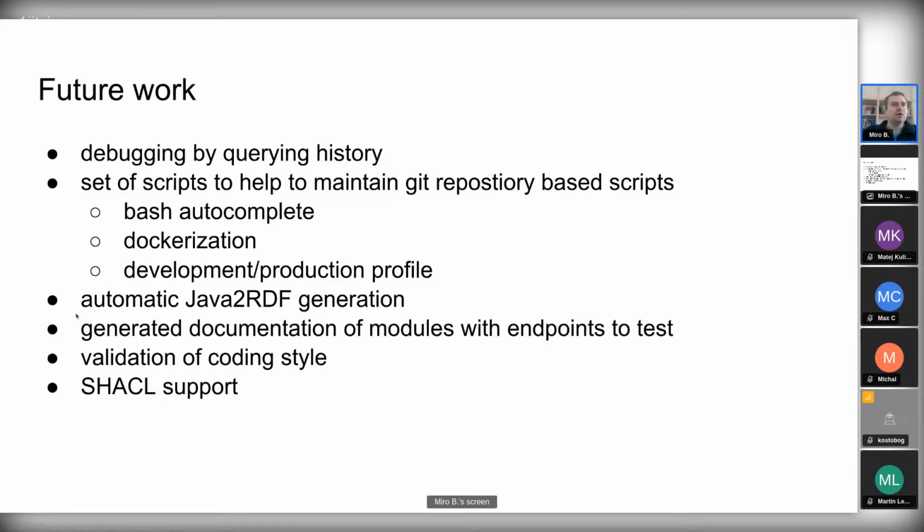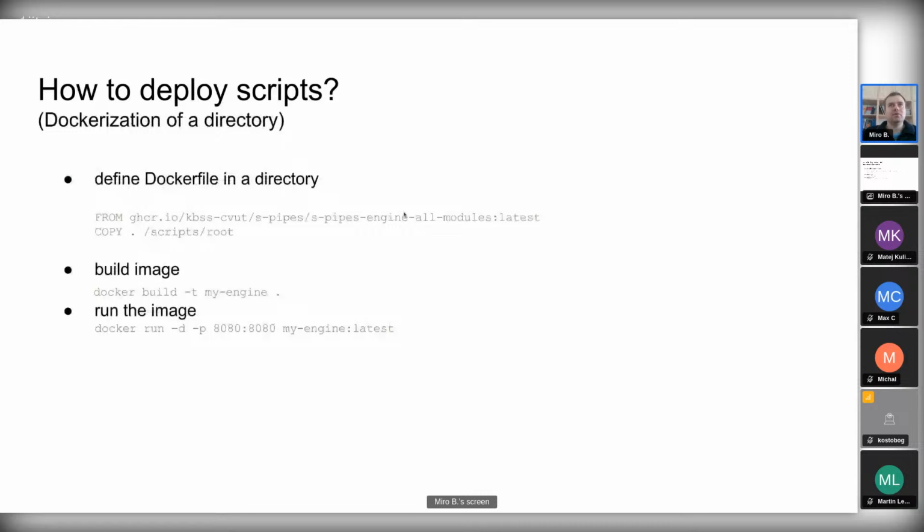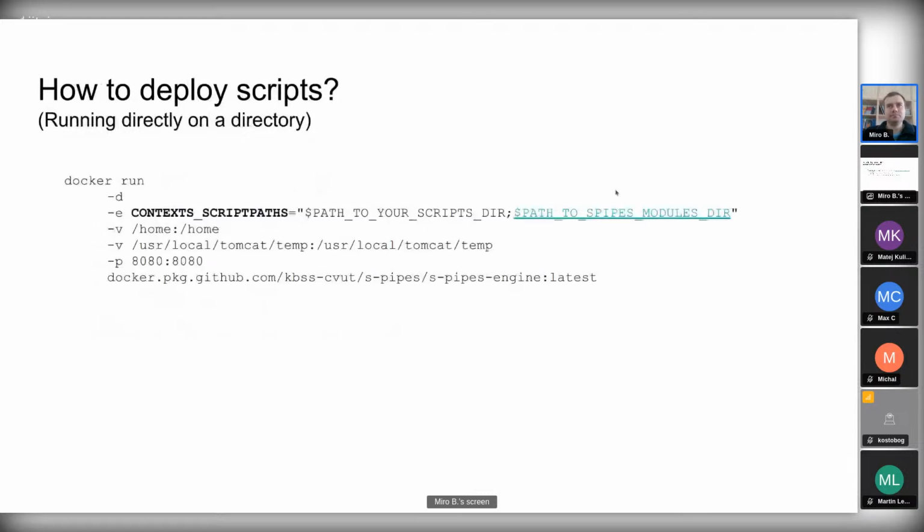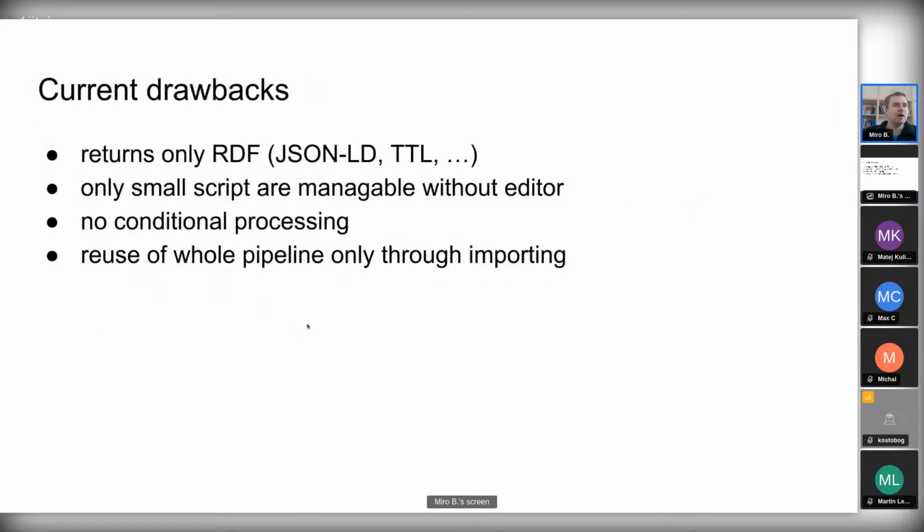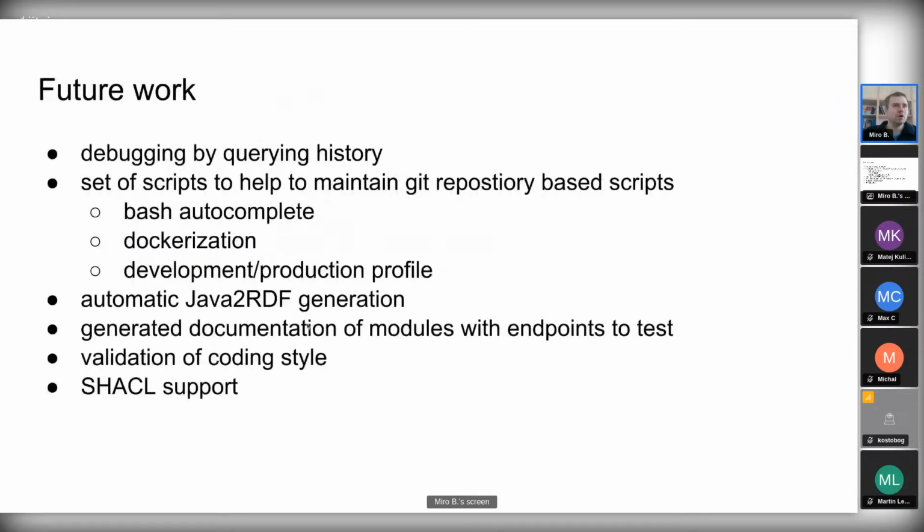production version. Also, I was saying that we need to include RDF definitions of Java modules. This should also be targeted soon. And another long-term goals are to generate documentation of modules in HTML and have some endpoints to test each module. There would be scenarios of how to use it, and you could execute them on an HTML page.